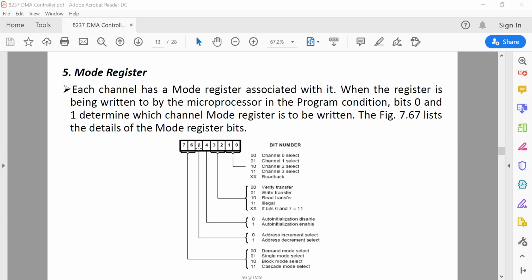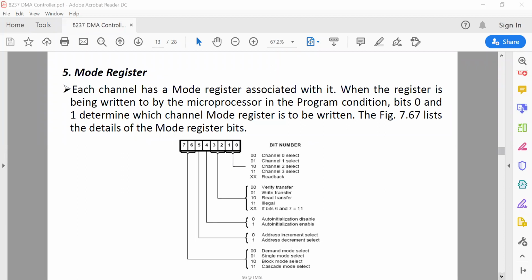And bits 6 and 7 are for mode selection, like demand mode, single mode, block mode, or cascade mode operation. So different modes have to be selected using this mode register, nothing else.